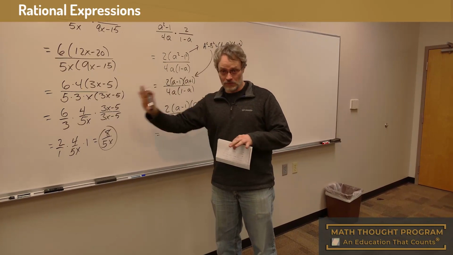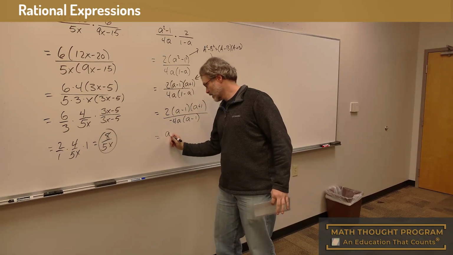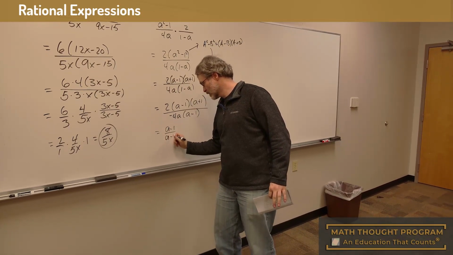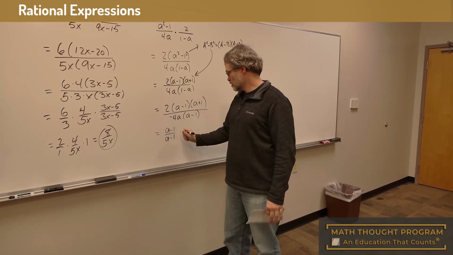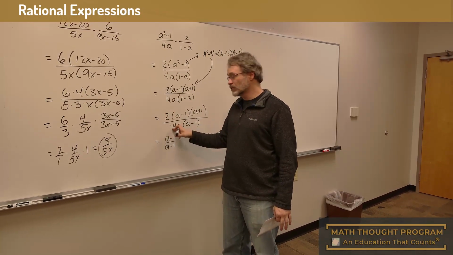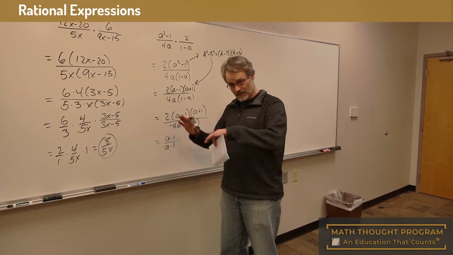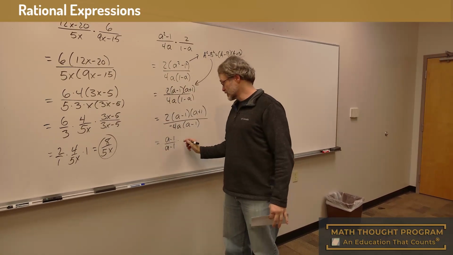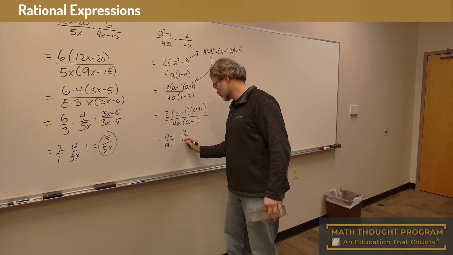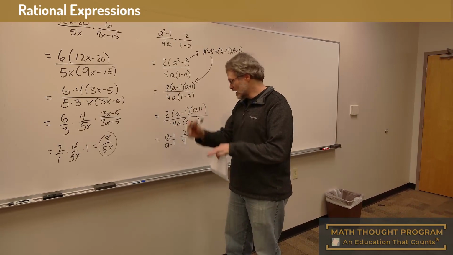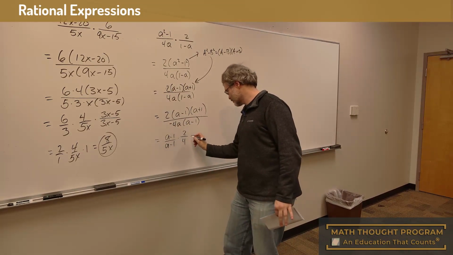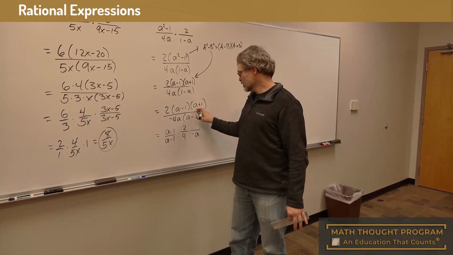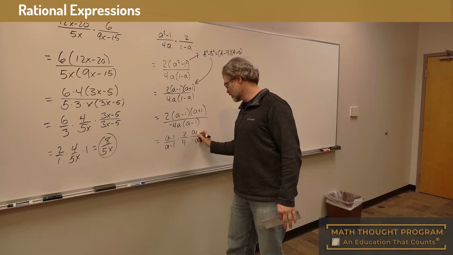I'm going to take it and push it off. A minus 1, a minus 1. And I also see there's a common factor with a 2 and the 4. So I'm going to take that and also just push that off. Now the negative, I'm going to keep that locked in with a little a. And then what's left over is the a plus 1.